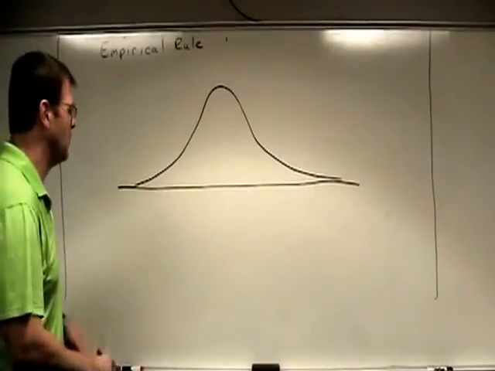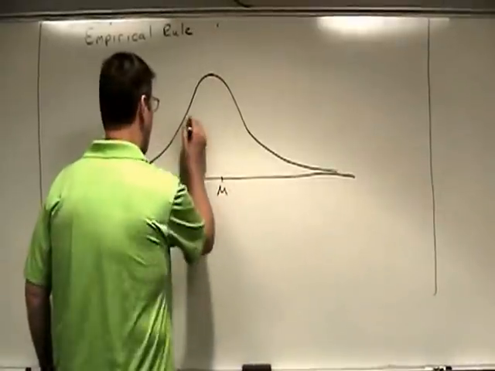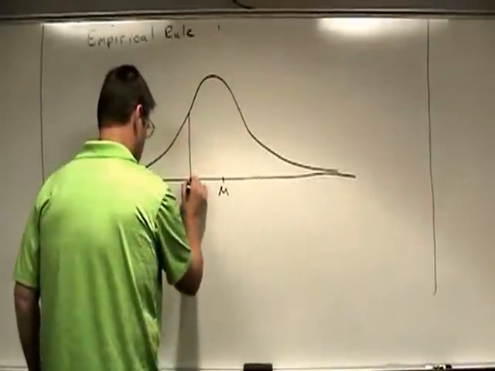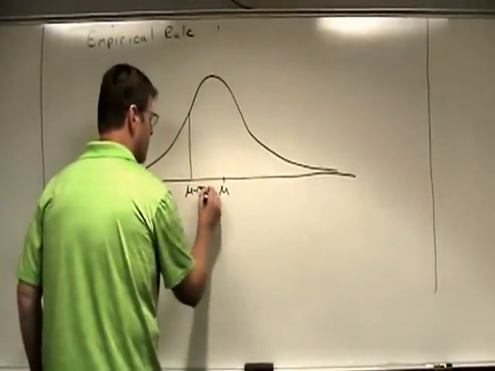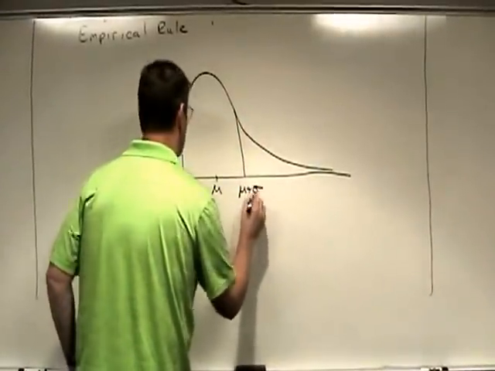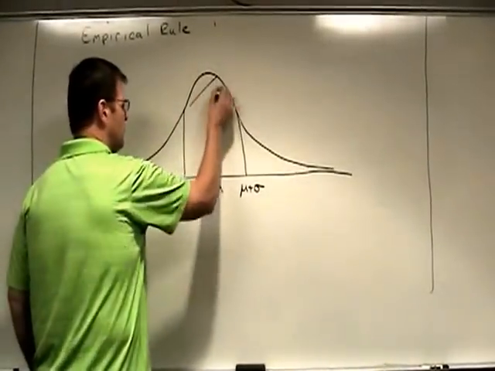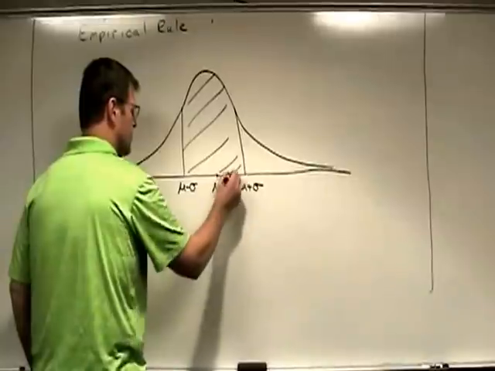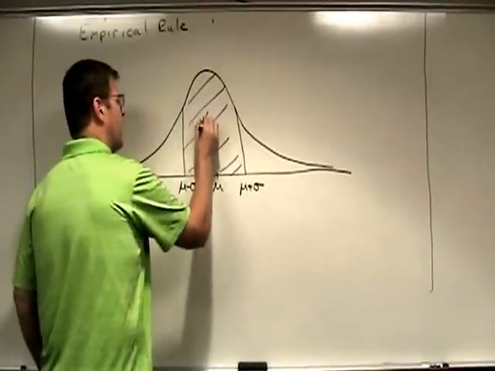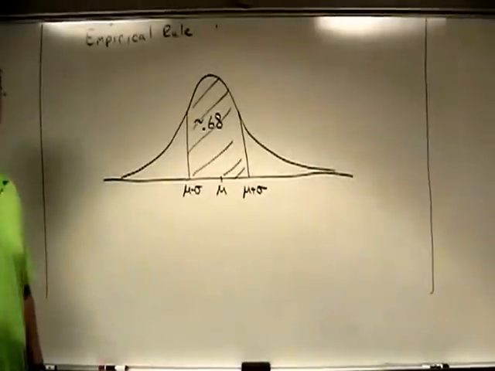Okay, well, anyway, like I said, we've got our mean here, and let's say right here is mu minus sigma, and right here is in the neighborhood of mu plus sigma. This region right here has an area that's approximately 0.68.